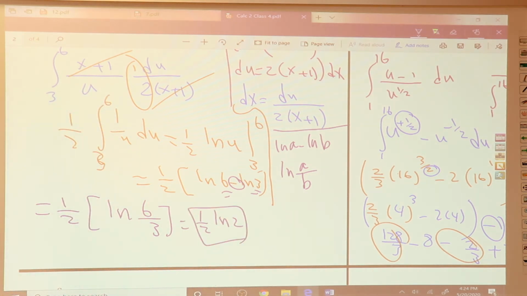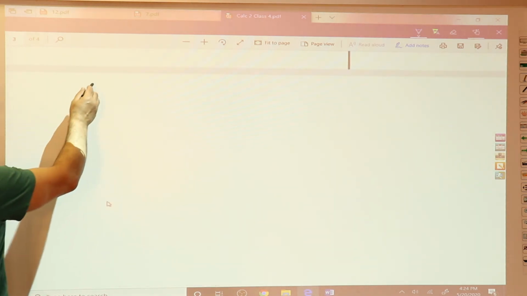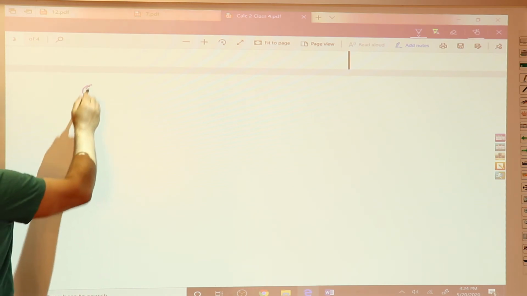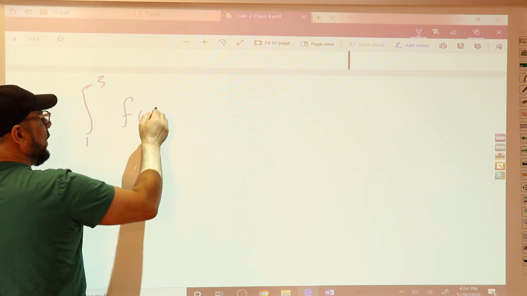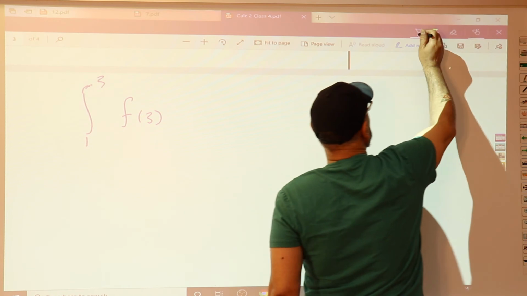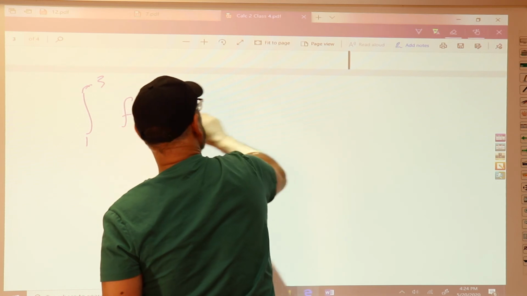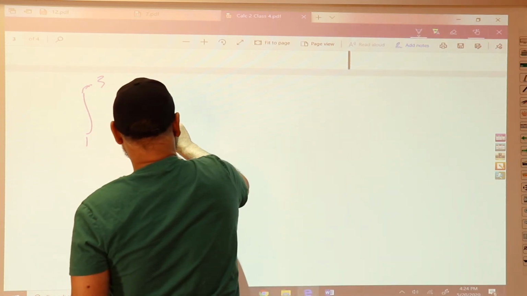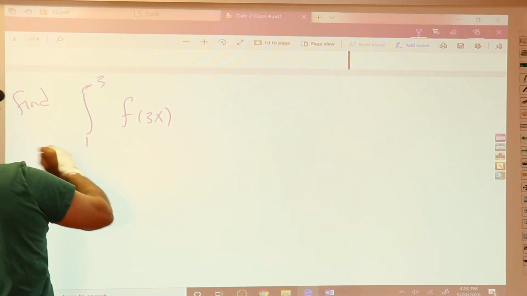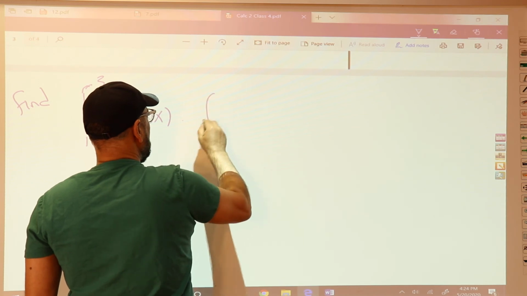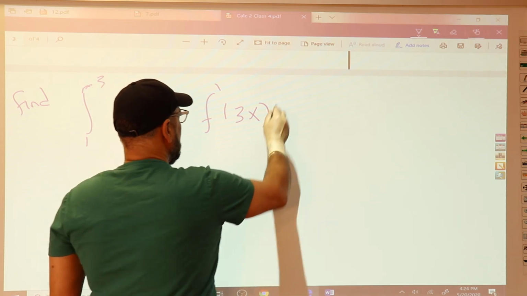Okay. Now I want to give you a problem from me here. Look here, the integration from 1 to 3 of f of 3x, find f dx.